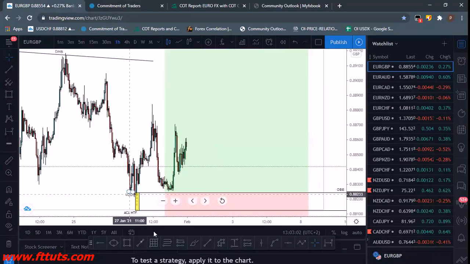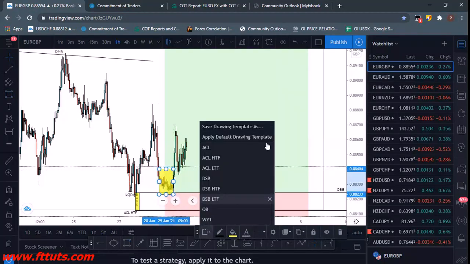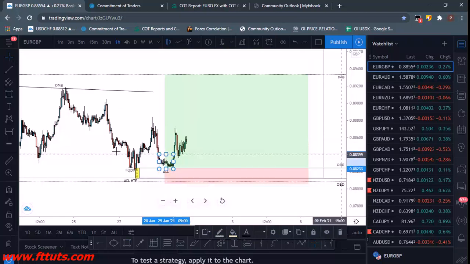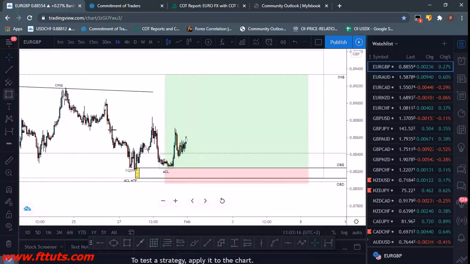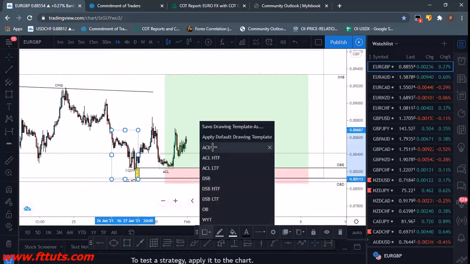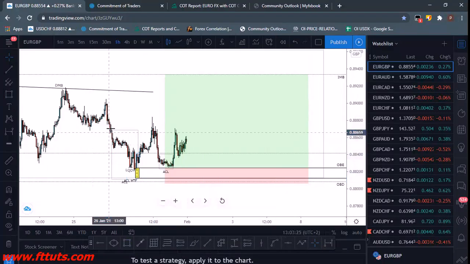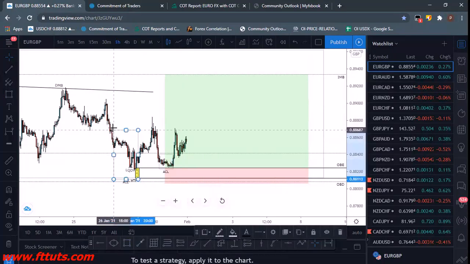We have this accumulation here, which is where I wanted to get involved. We have this accumulation right here. We also had this accumulation because price pushed down, then started to do this. Like I said, you always find this accumulation and distribution. So price made this strong move down, then started to slow down.